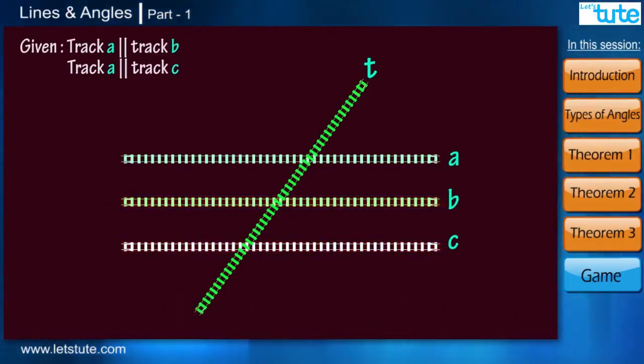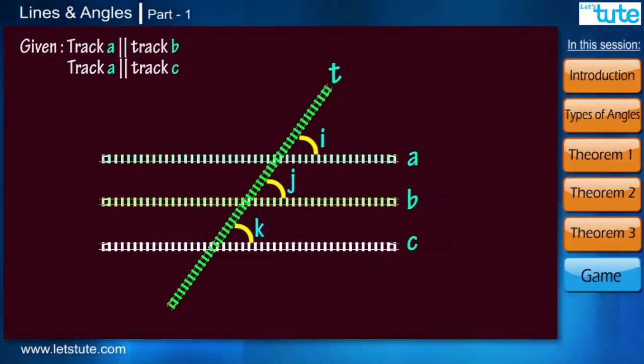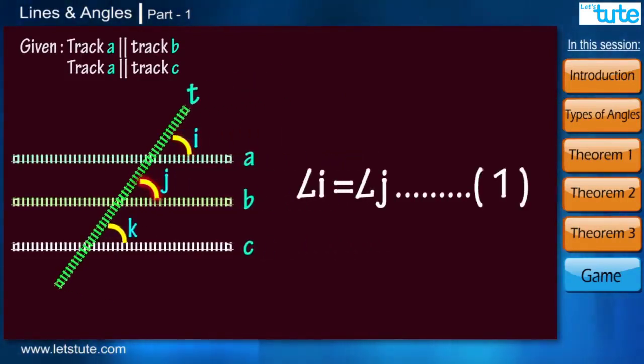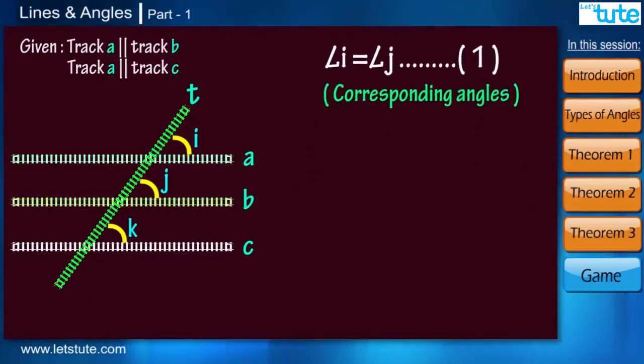We can consider track T as a transversal, which will form corresponding angles. So, angle I will be equal to angle J because they are corresponding angles, and because track A and track B are parallel, the corresponding angles will be equal.